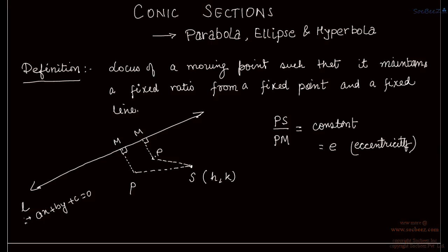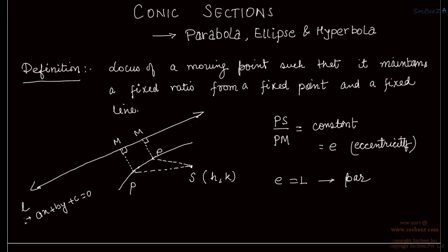So it has a locus somewhat like this. Point P moves such a way that its distance from point S maintains a certain ratio with the distance from this line L.